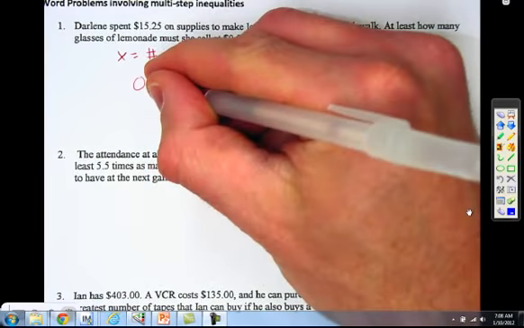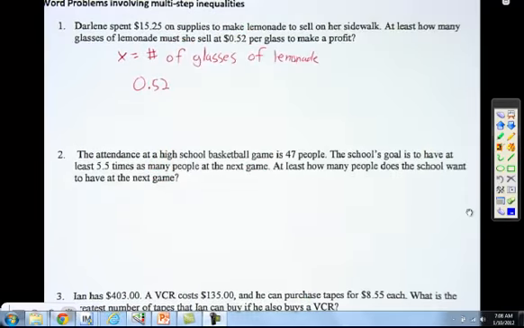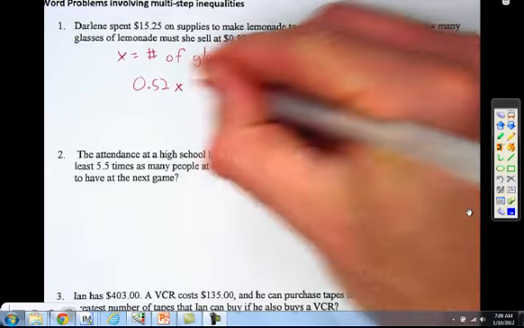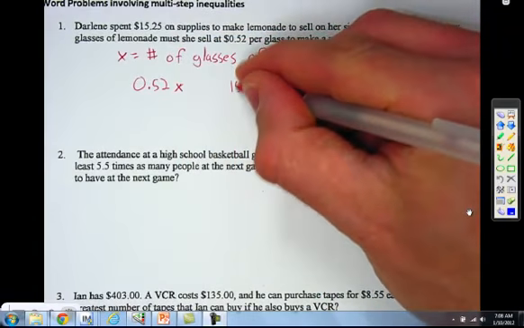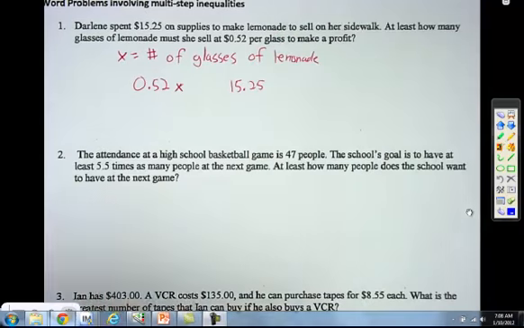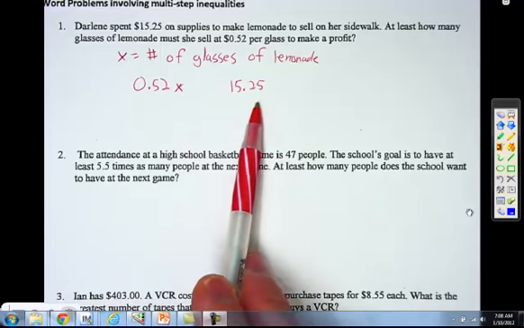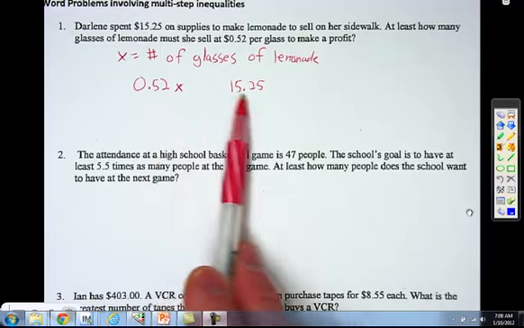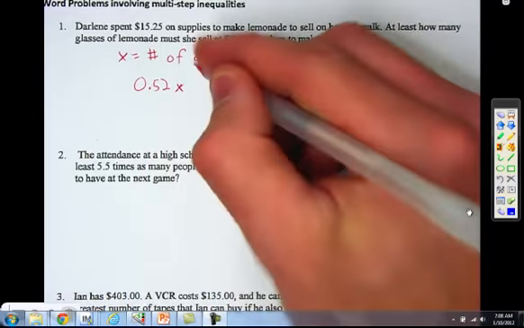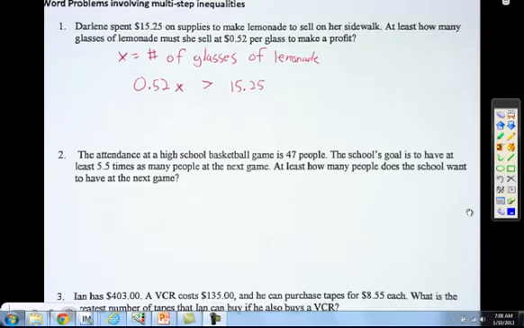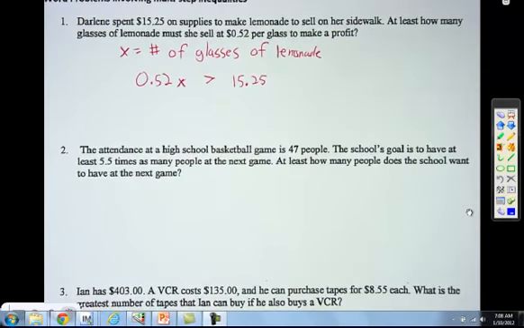Well, if we're selling them for 52 cents a piece times how many there are, hopefully we'll get to 15.25. So this side of it is how much you're making, this side is how much you cost. Which side would you want to be bigger? You want to make more money, so Pac-Man would have to eat this one. So that would be our inequality to solve this.